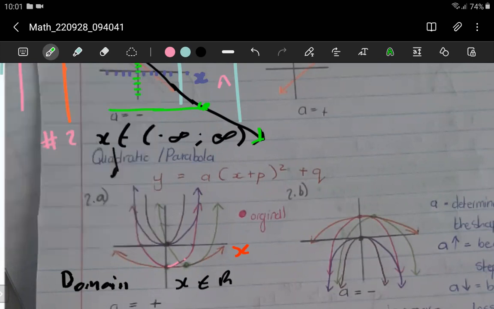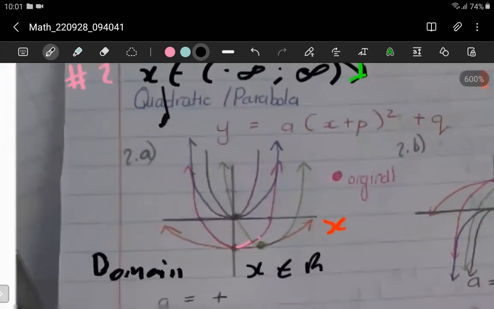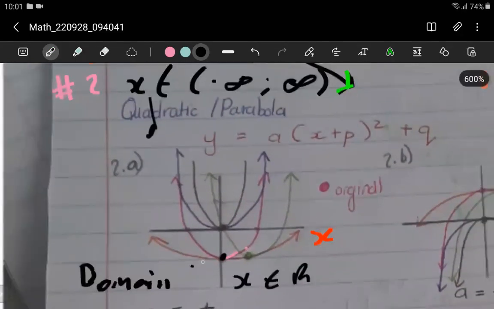Are we going to say y is an element of, square bracket, -1, comma, infinity, round bracket? That's exactly what we're going to do, because you can see that the y values start from -1 and then go all the way up to infinity.